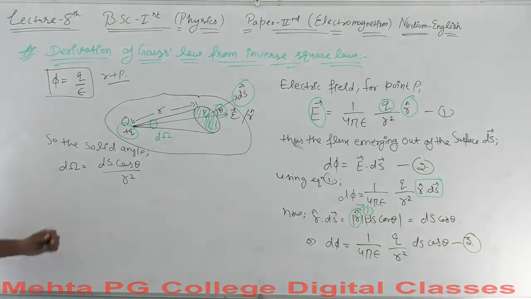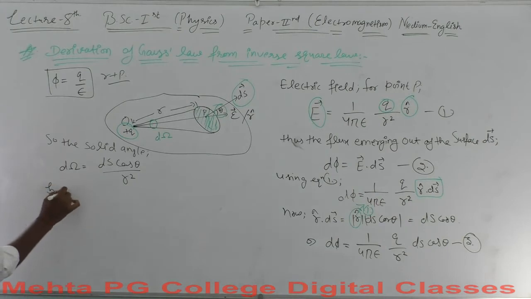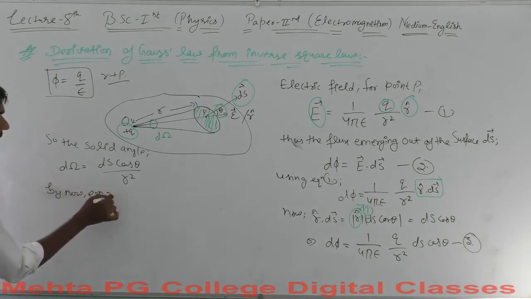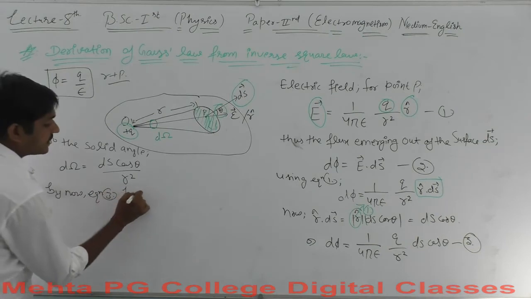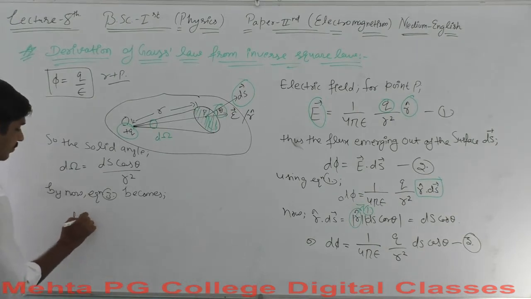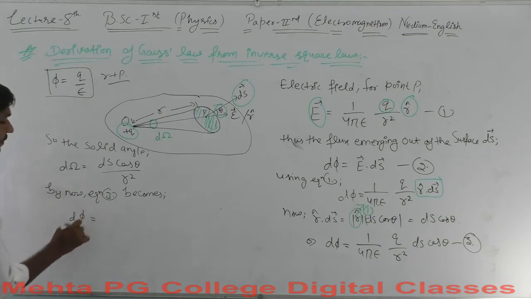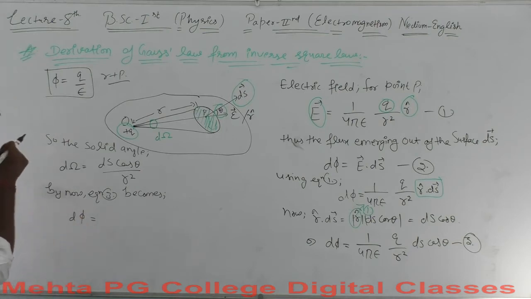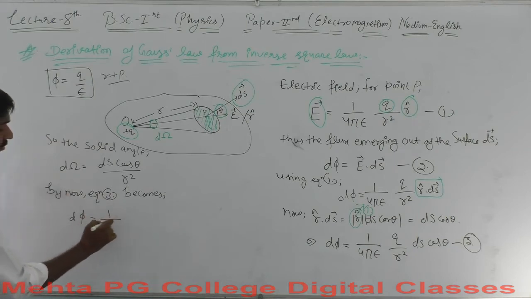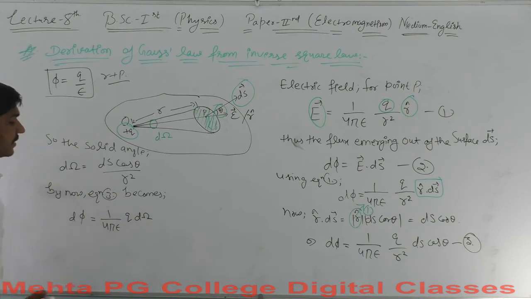So equation 3 becomes, d omega, sorry, not d omega but d phi, is equal to 1 upon 4 pi epsilon, q into d omega.